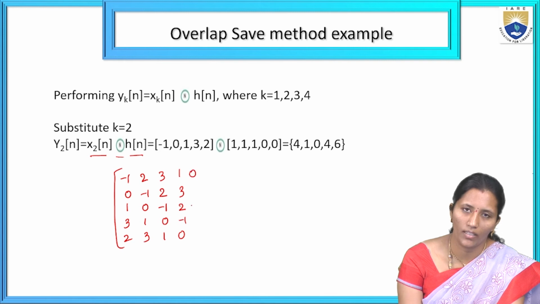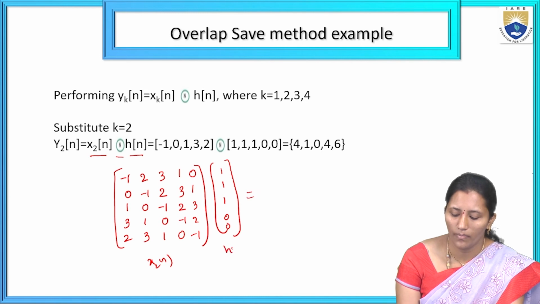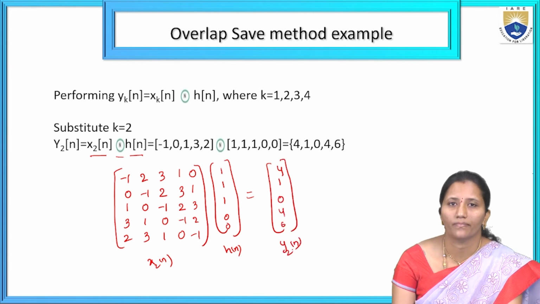We have to take the last bit to the first, and make the next bits go down. So we stop here, and this is x2 of n, and h of n is 1, 0, 0. We perform matrix multiplication and we will get 4, 1, 0, 4, 6. This is y2 of n.